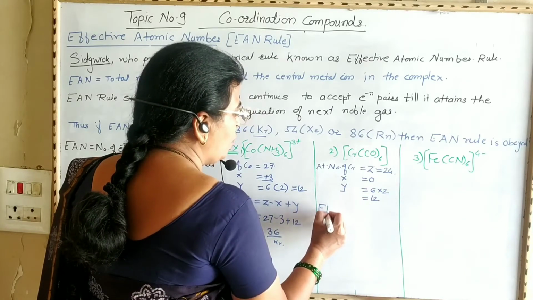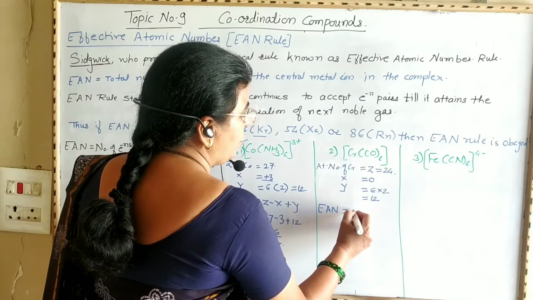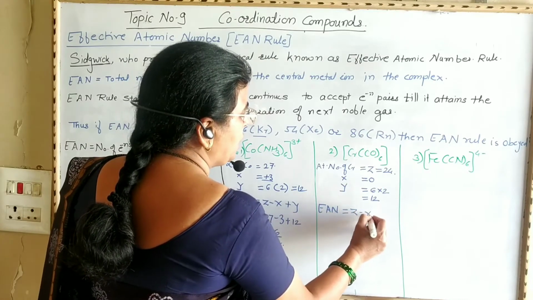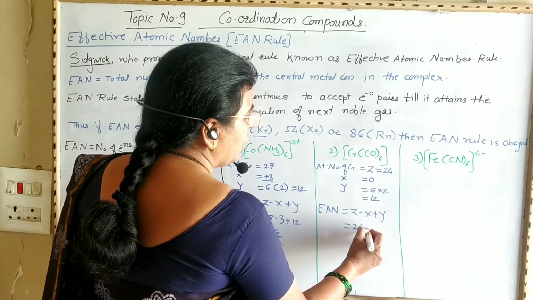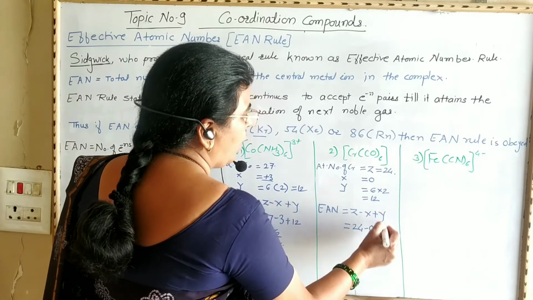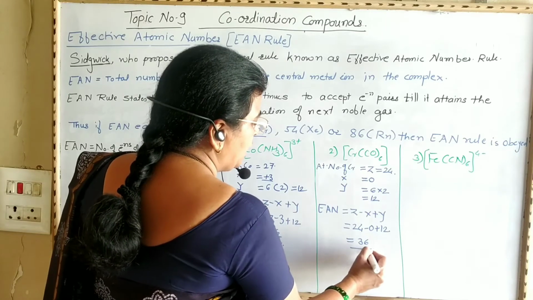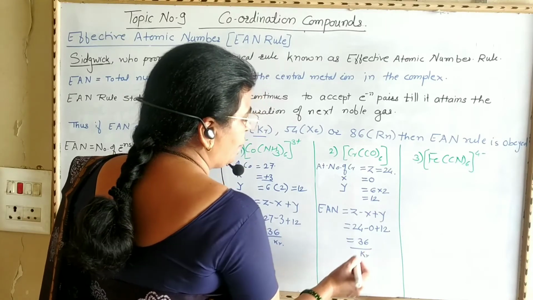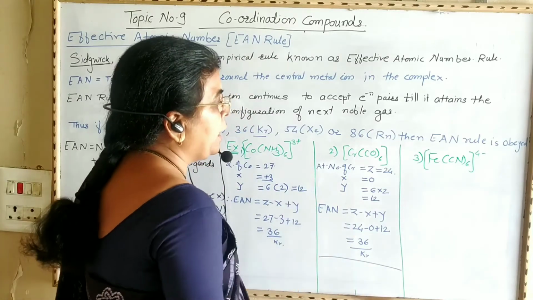Therefore the EAN value is equal to, the formula is Z minus X plus Y. Now Z is equal to 24, X is 0 and Y is equal to 12, therefore it becomes 36. It is nothing but the atomic number of krypton, and therefore this complex obeys the EAN rule.